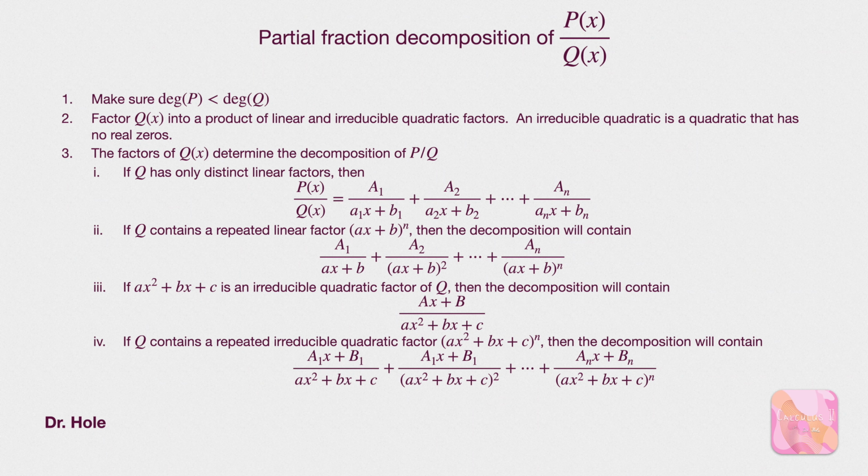The very first thing that you want to do is you want to make sure that the integrand is a proper rational function. If it's not, you use algebra, long division, to produce a quotient. And then a remainder will give you a proper rational function.